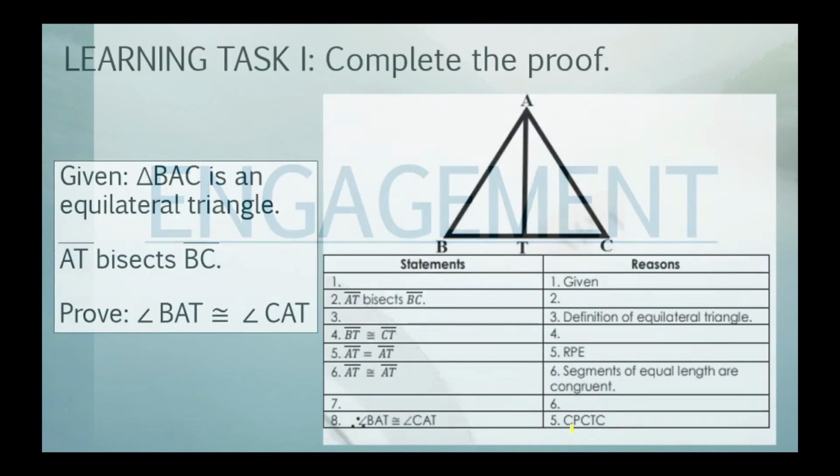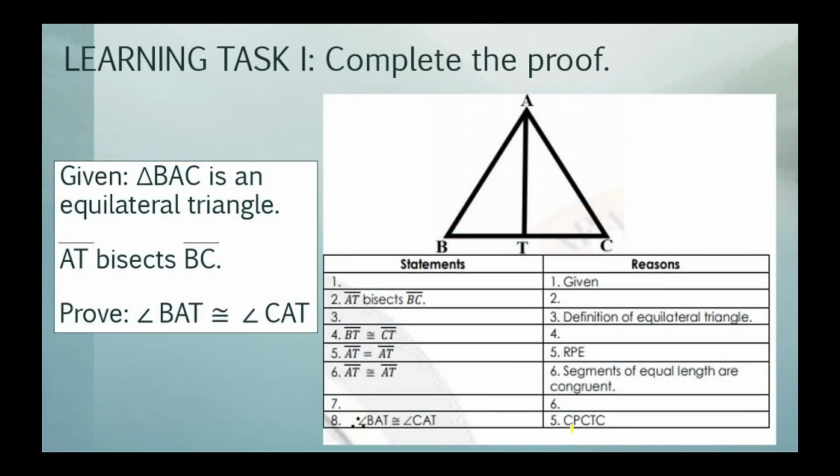Okay. So, for your learning task number 1, given triangle BAC is an equilateral triangle. So, kapag equilateral, ano ngang ibig sabihin nun, di ba? All sides are equal. And then, segment AT bisects segment BC.